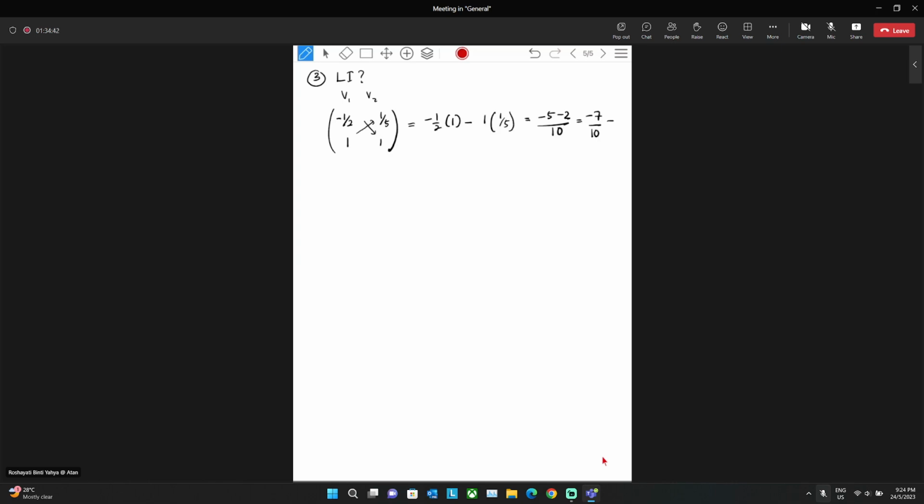So this one not equal to 0, meaning that this is linearly independent. Okay. So since this is linearly independent, we can go for to the next step, number 4.